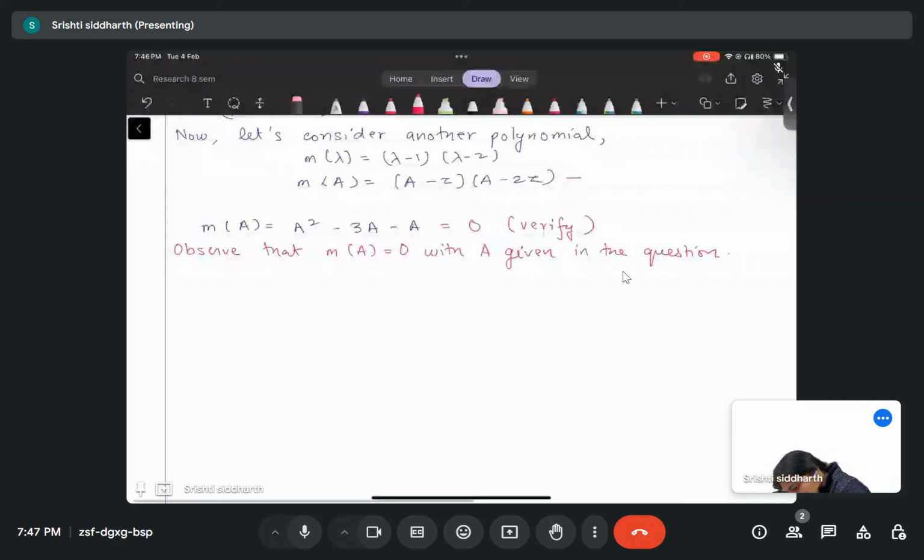Also observe that the degree of m lambda is lesser than the degree of the characteristic polynomial.